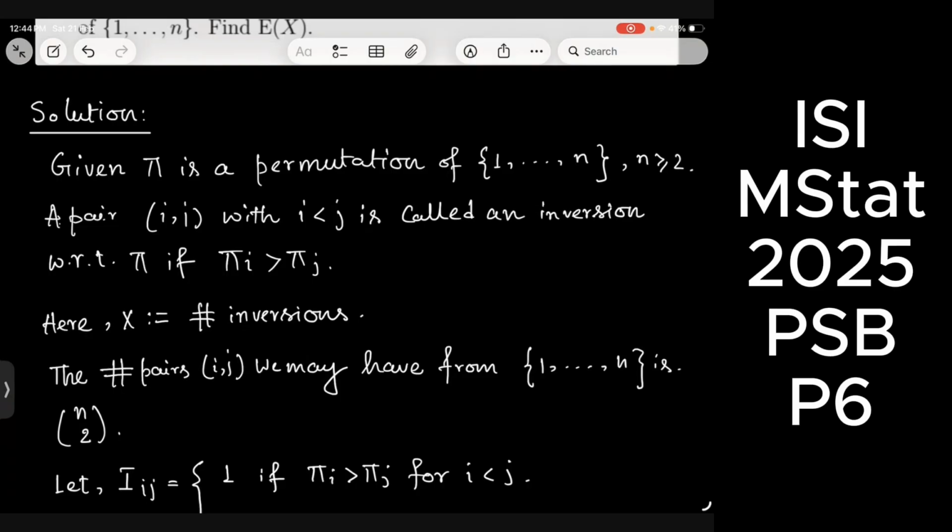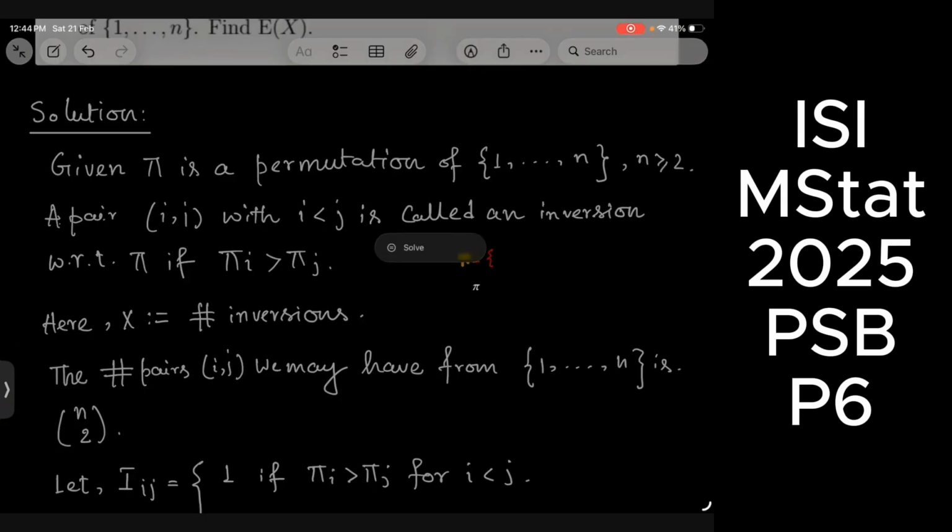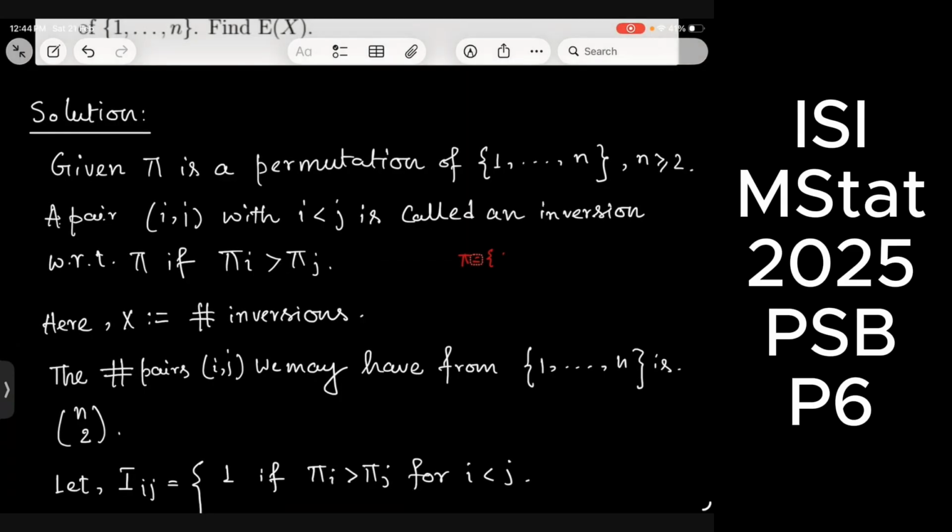So pi is a permutation of 1 up to n, and a pair ij with i less than j is called an inversion with respect to pi if pi i is greater than pi j. So this is your pi: pi 1, pi 2 up to pi n.